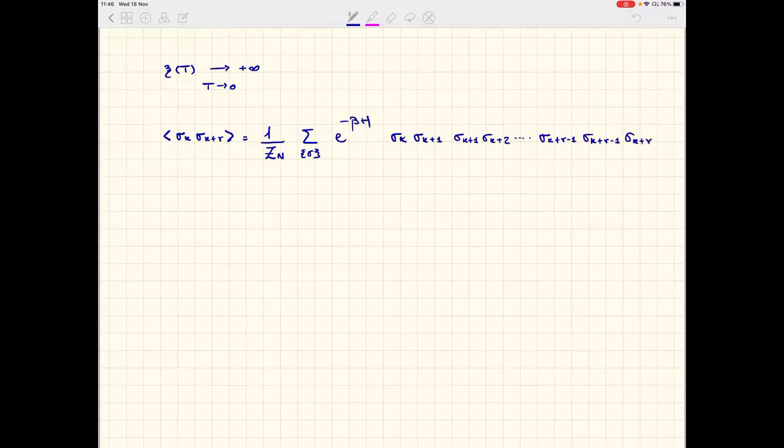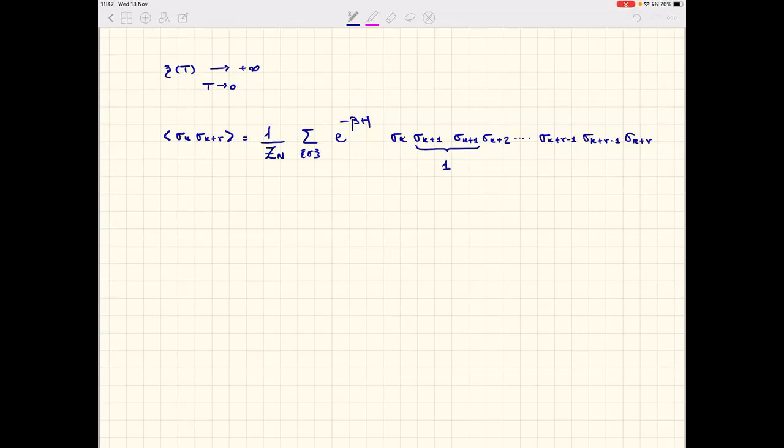Why can I do this? Because you see, what I've done here is I put in sigma k plus 1 squared, sigma k plus 2 squared, sigma k plus 3 squared, etc. But every one of these products, since sigma is equal to plus or minus 1, is equal to 1. In a sense, it's a resolution of the identity, as what you do typically in quantum mechanics.